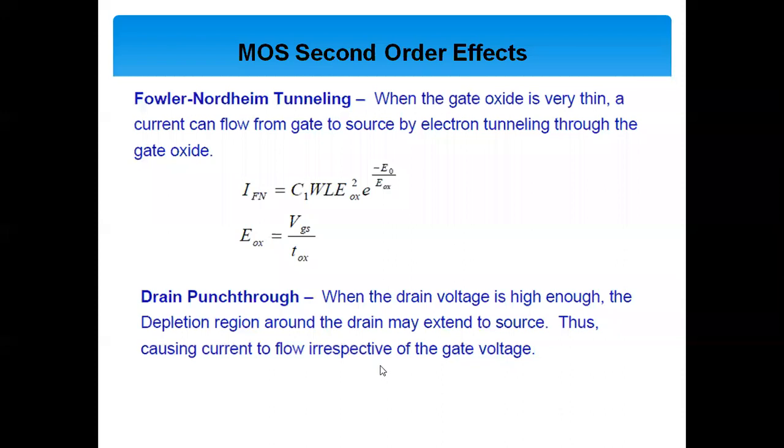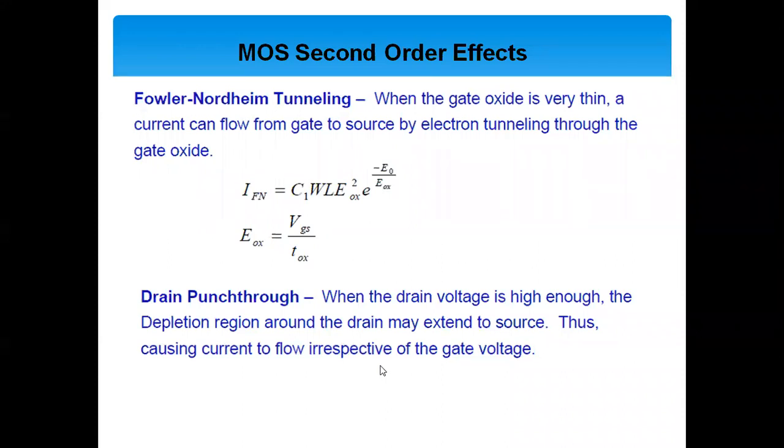If you increase the VDS to a maximum level, then the depletion region around the drain may extend towards the source. Now what happens because of this? It causes the current to flow irrespective of gate voltage.